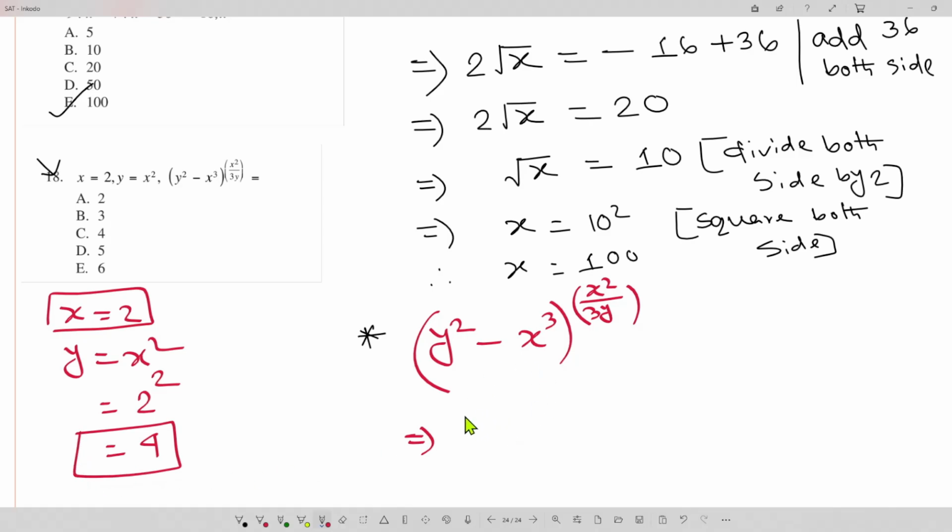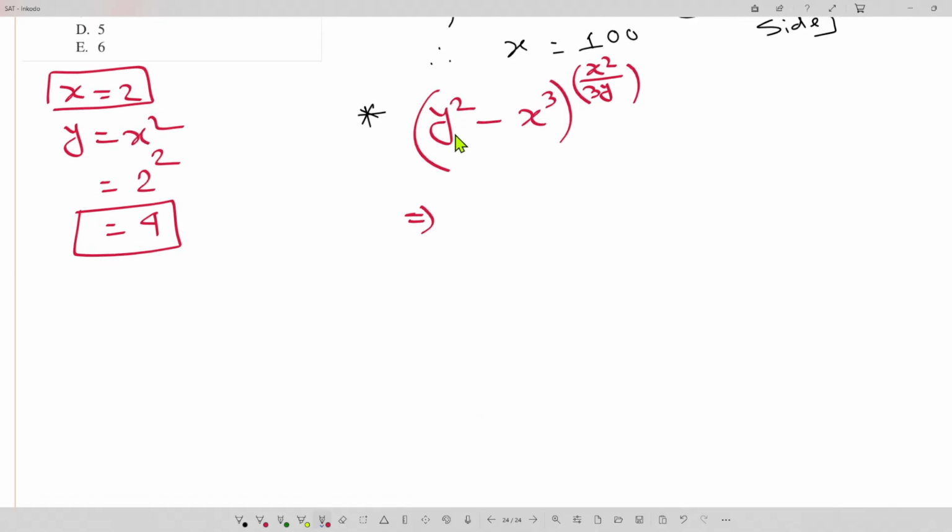Now we can put it in here. So first y, so here is 4 square minus x, which is 2, so 2 cube, then to the power x square.